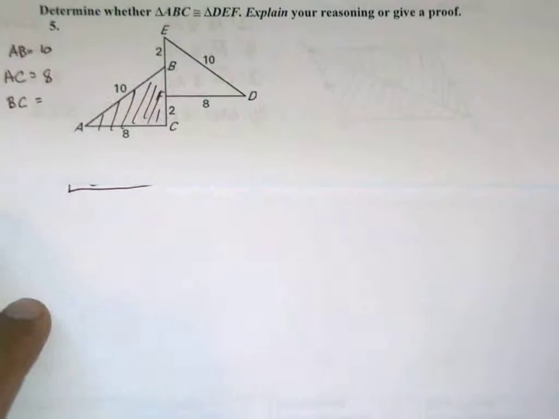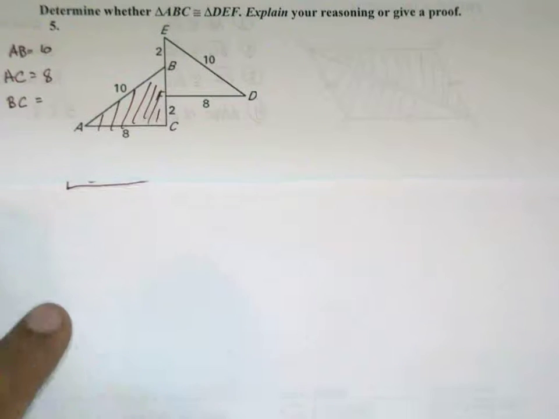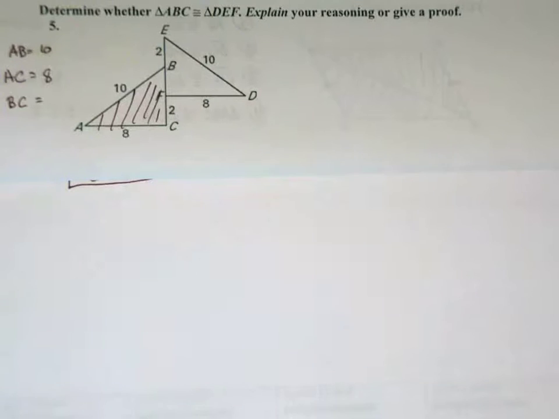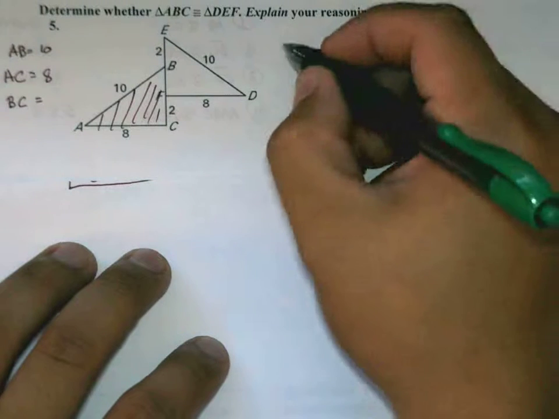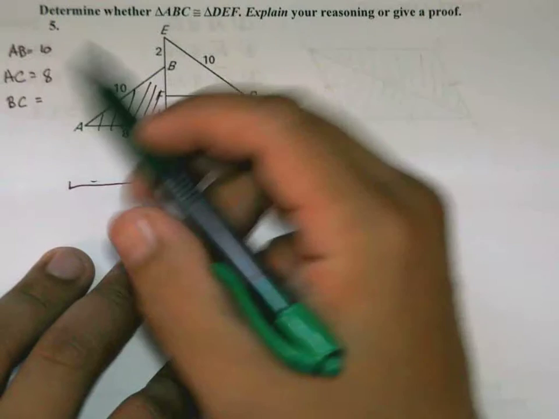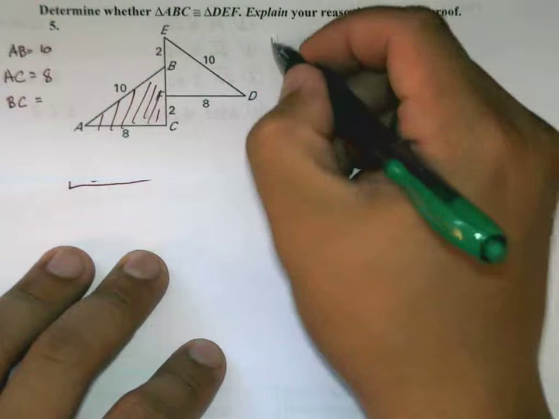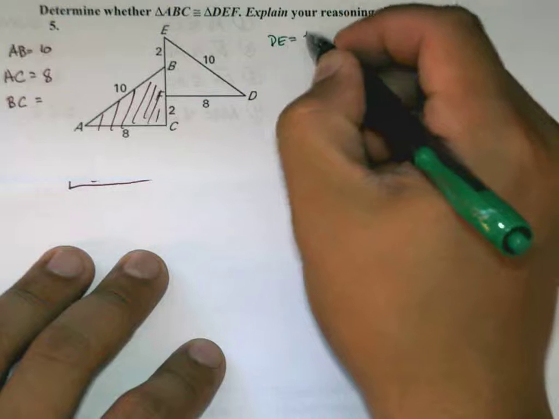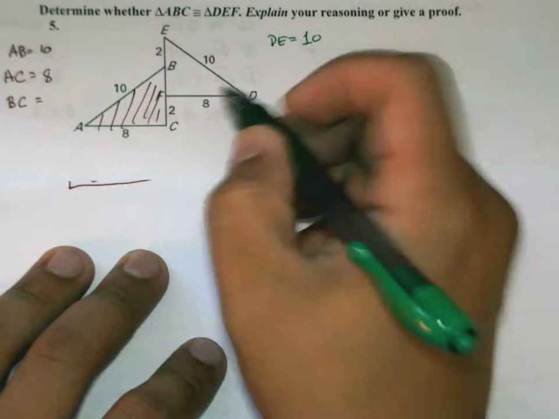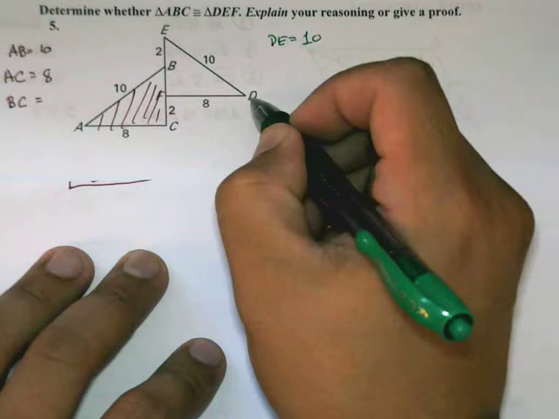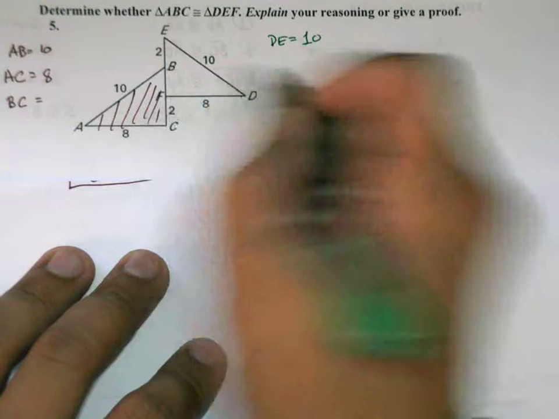Now looking at the other triangle, let me use a different colored pen here because that'll illustrate things a little better. I look for another side that's also equal to 10. So DE, that is also equal to 10. And looking at DF, that's equal to 8.